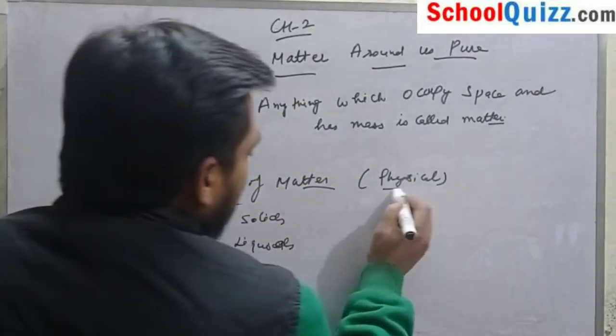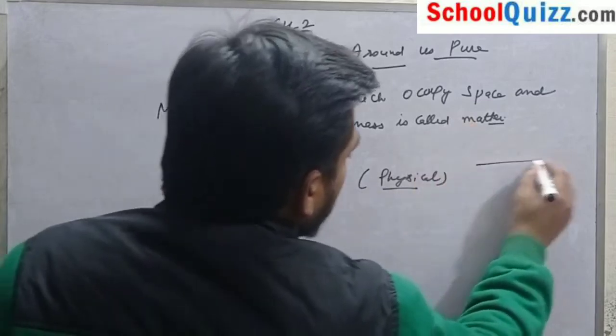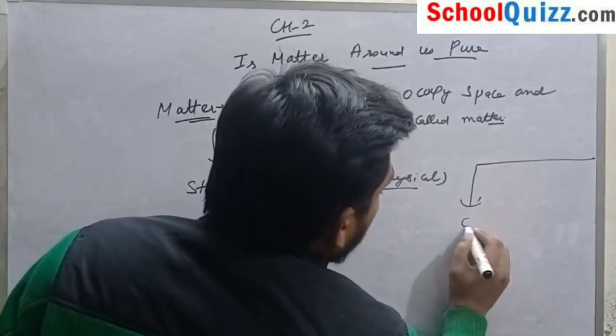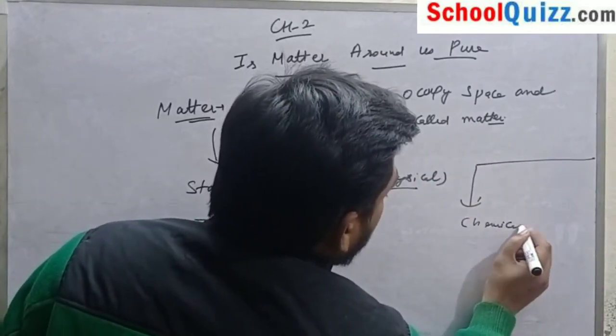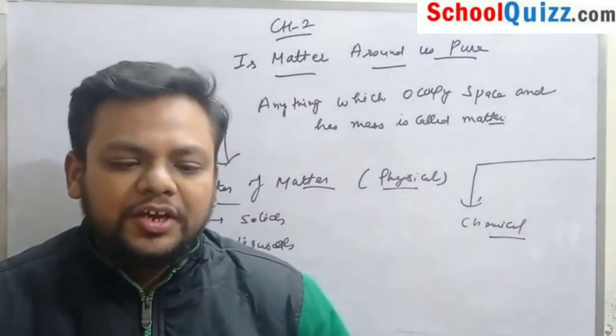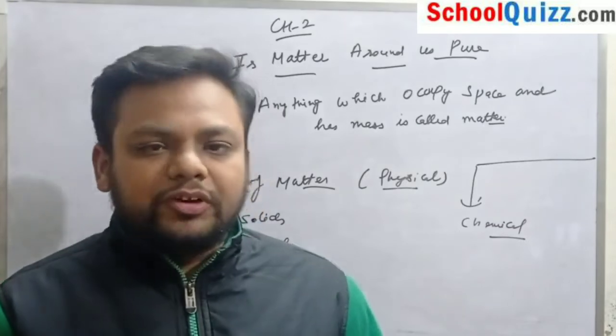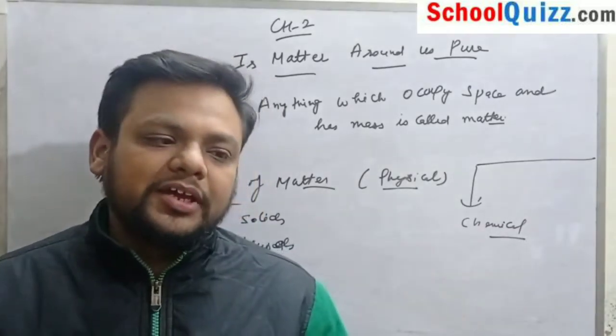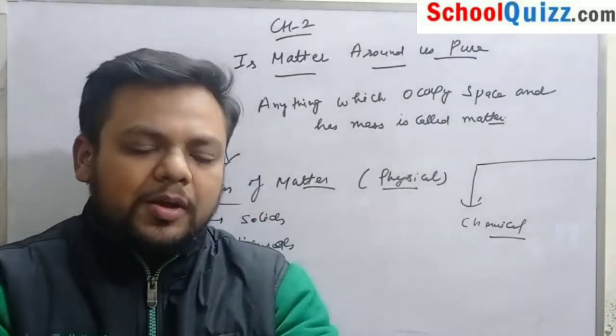That was its physical classification, but in this chapter we will talk about its chemical composition, or chemical classification. So we have discussed what matter is: anything which occupies space and has mass is called matter.